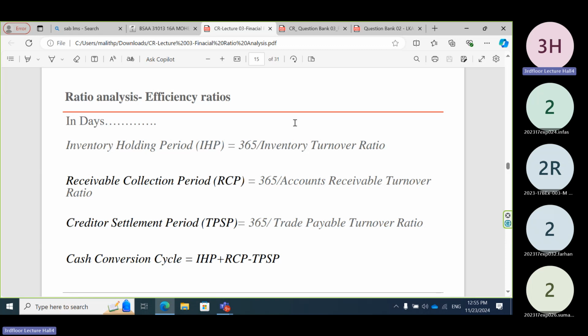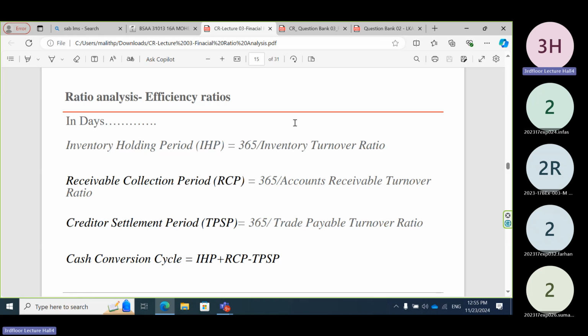Receivable collection period, simple, right? So we calculated debtor turnover ratio. It means what's the frequency of your sales terms, how you are covering your debtor balance within a year.